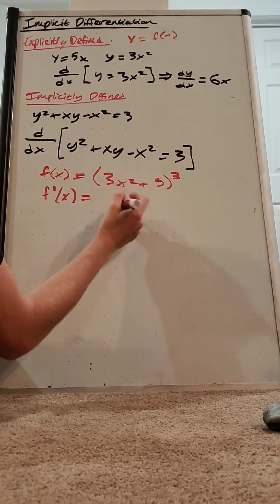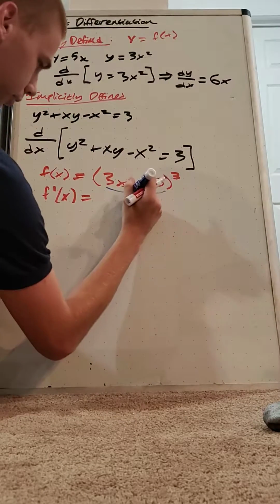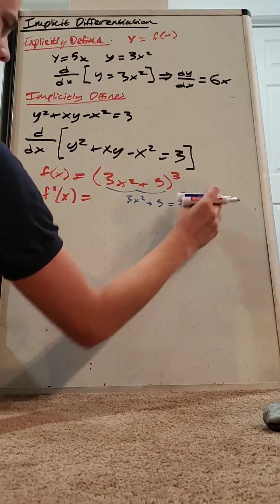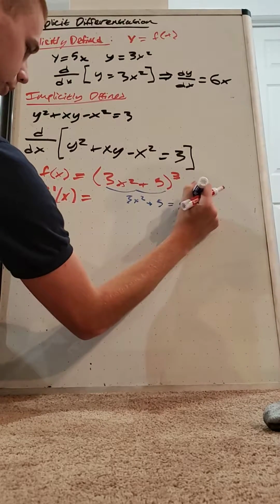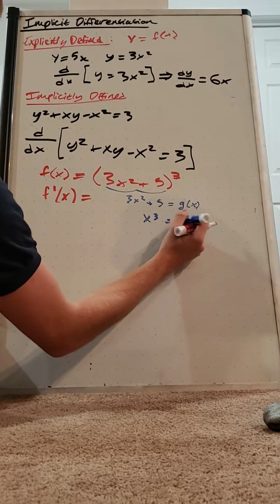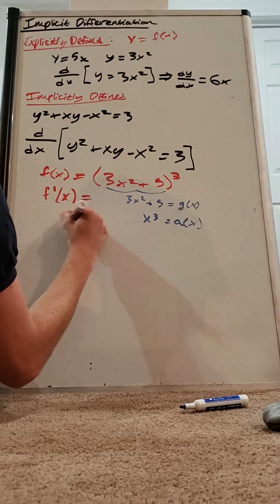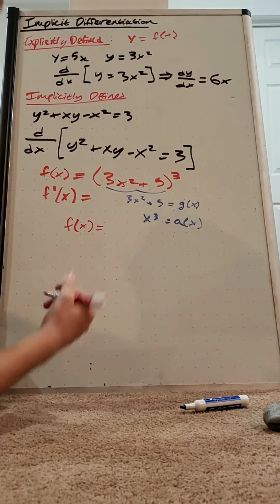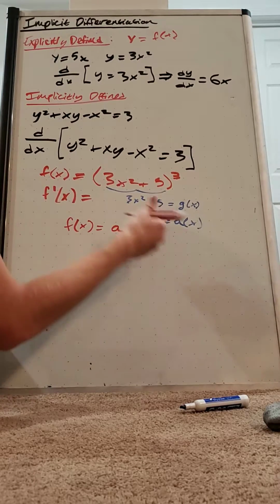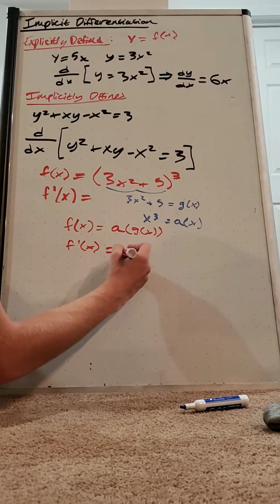If you treat this 3x squared plus 5 as one function, I won't call it f of x because that's this, we have g of x, and then if we say x cubed equals a of x, this would mean that f of x is equal to a of g of x, right? That's just plugging this function into here.